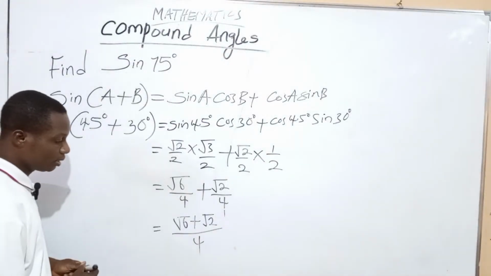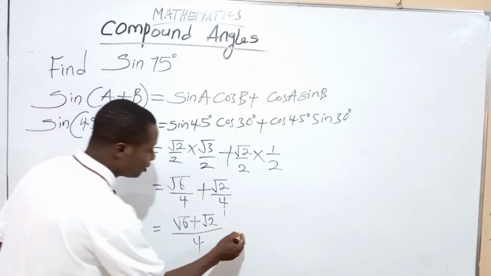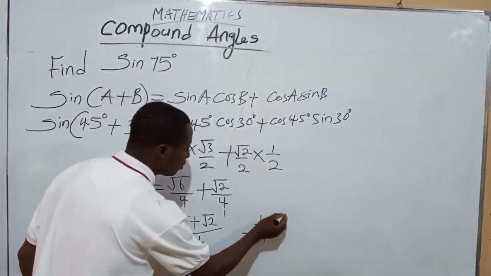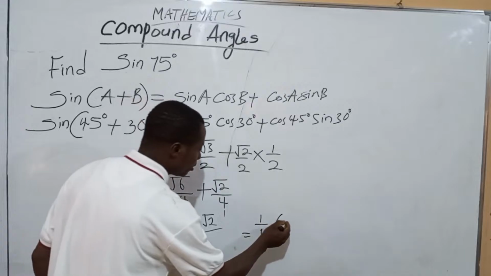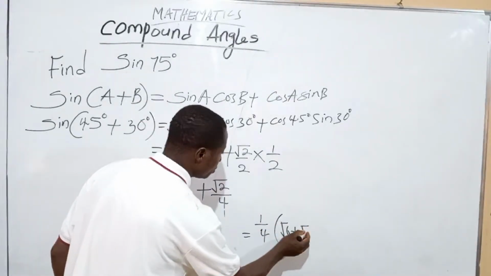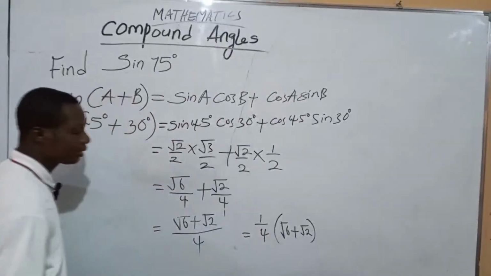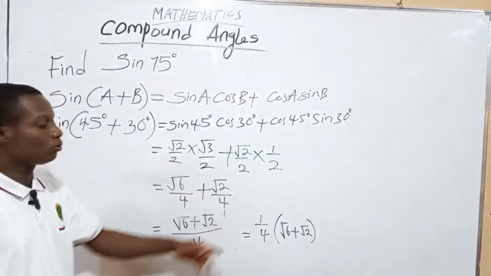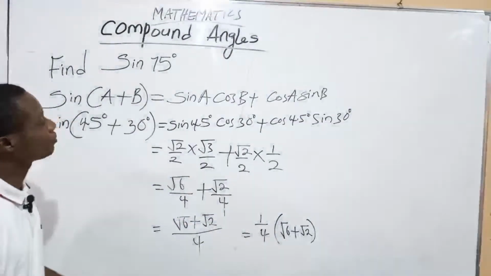Or we can still have it as 1 over 4 in brackets, root 6 plus root 2. Any of this is acceptable. This one is more condensed, but don't worry, they are all the same. This is the solution to this particular question.